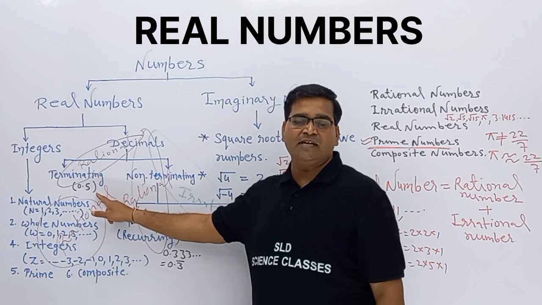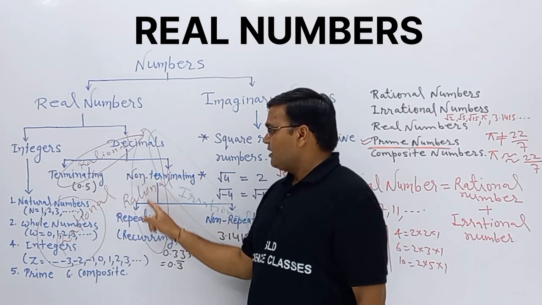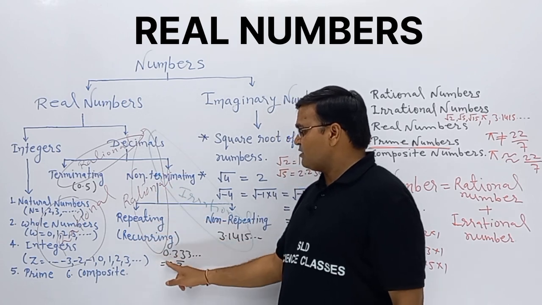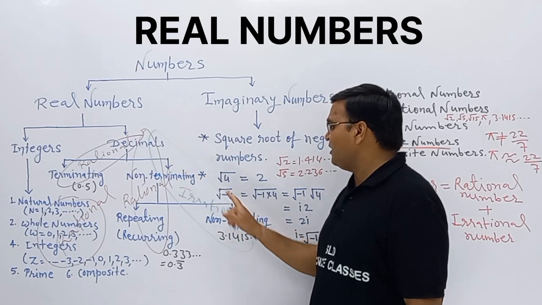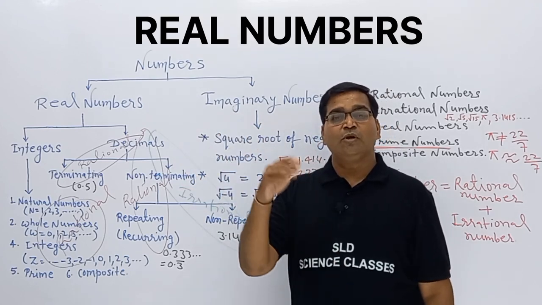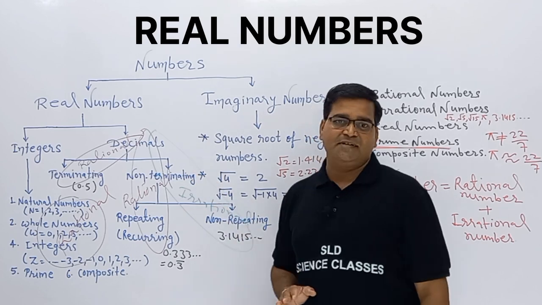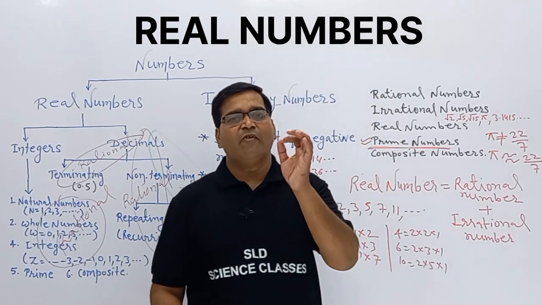Terminating means the remainder will be 0, a rational number. Non-terminating repeating means we are getting repeating blocks, rational numbers. Non-terminating, non-repeating means after the point we are getting different numbers up to infinity. These are irrational numbers.